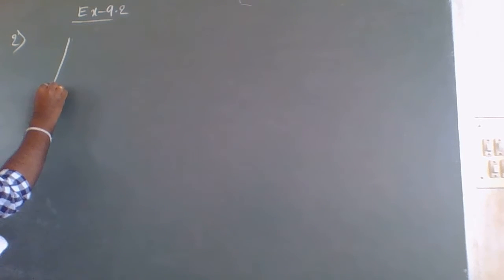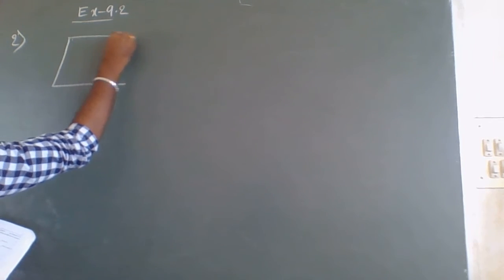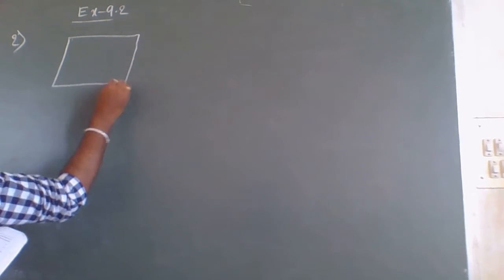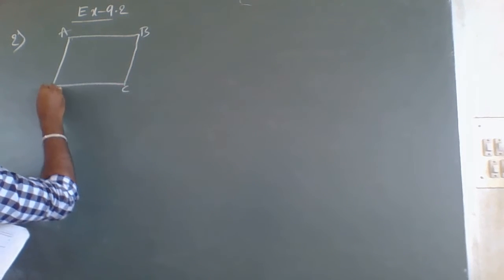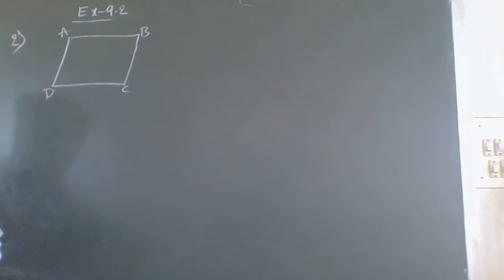See here. First, we will consider one parallelogram ABCD. This is the parallelogram ABCD, and they have given that E, F, G, H are the midpoints.